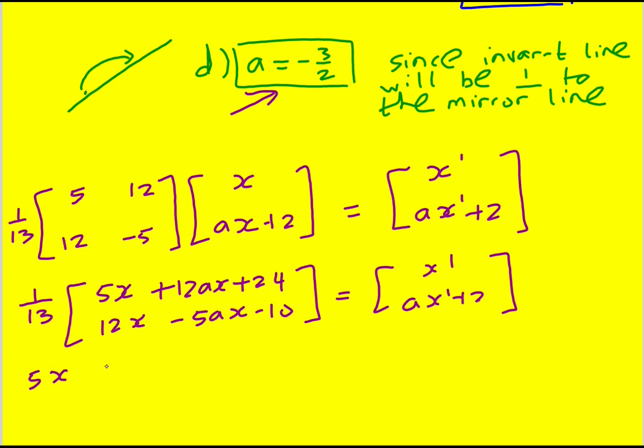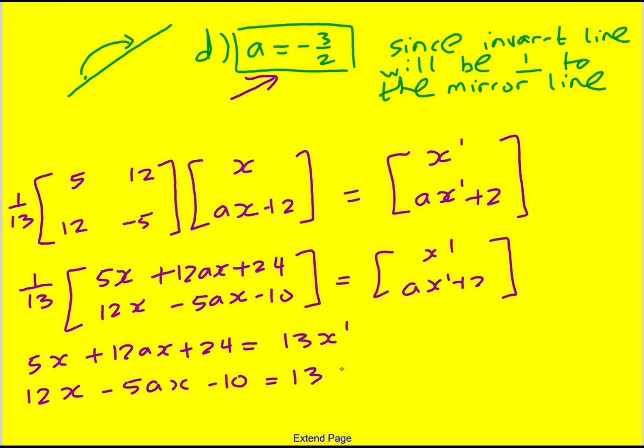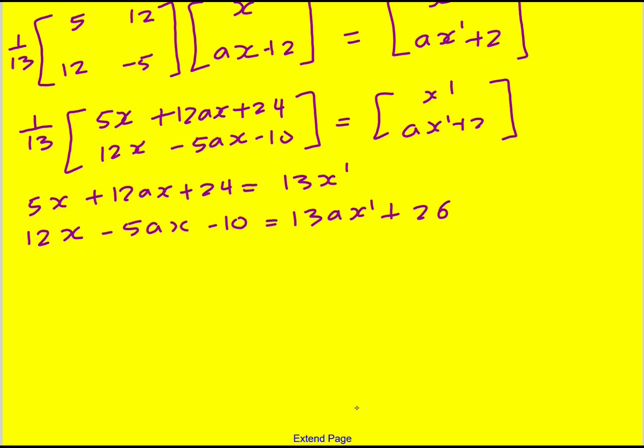So we can say that 5x plus 12ax plus 24 is equal to 13x dash. And also that 12x minus 5ax minus 10 is 13a x dash plus 26. So now I can sub in, I've got my 13x dash, I can put it in here, replace it by 5x plus 12ax plus 24.